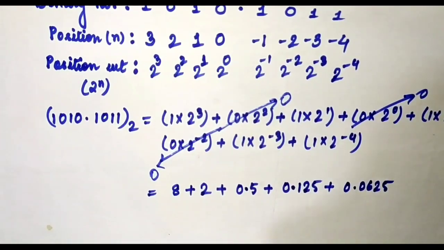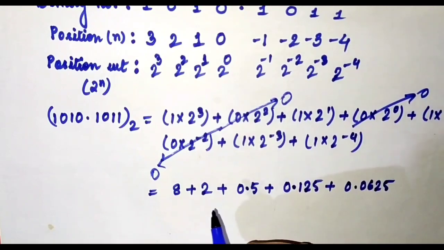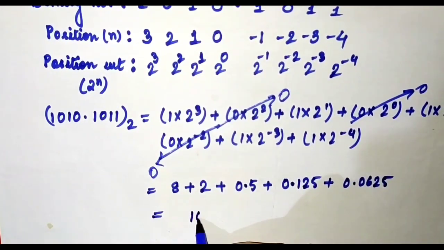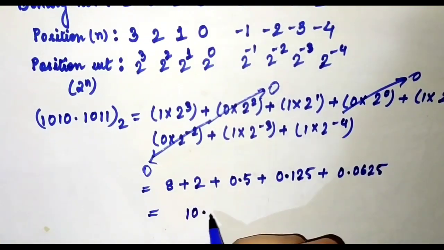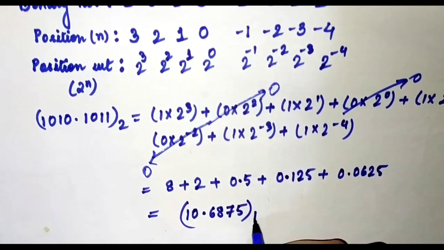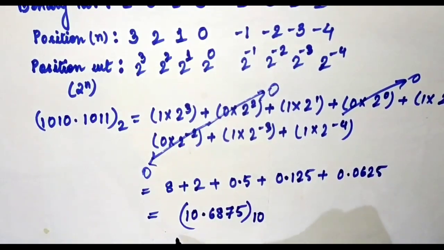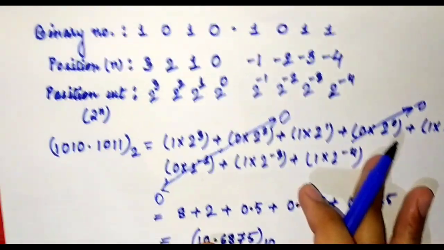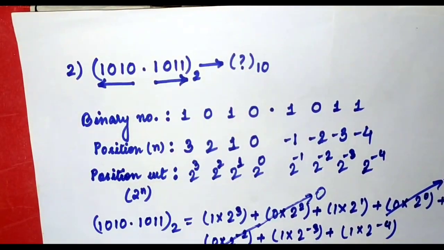Now we need to add them up. So you can use a calculator. So it would be 10.6875. So this is the decimal equivalent of this binary number.